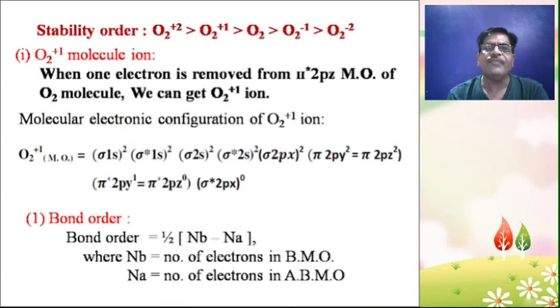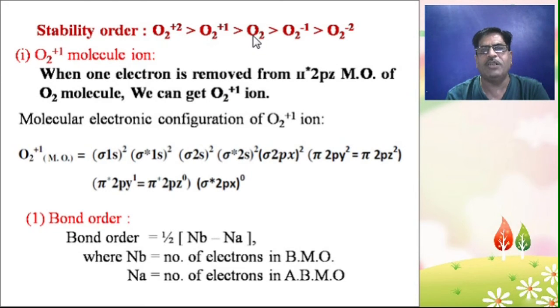Now let's see the stability order of O2 plus 1, O2 plus 2, O2, O2 minus 1 and O2 minus 2. So let's first see O2 plus 1 molecule ion. When one electron is removed from the pi star 2pz MO of O2 molecule, we get O2 plus 1 ion.